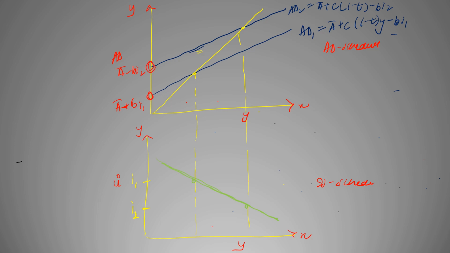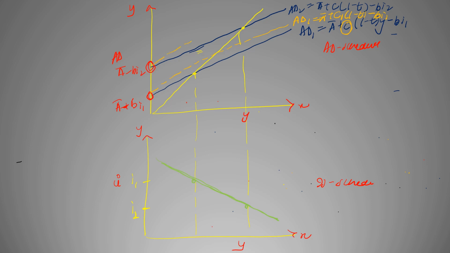Now we will increase our propensity to consume. So it will rotate this graph, right? So AD1 is now A plus C(1 minus T)y minus Bi1, right?